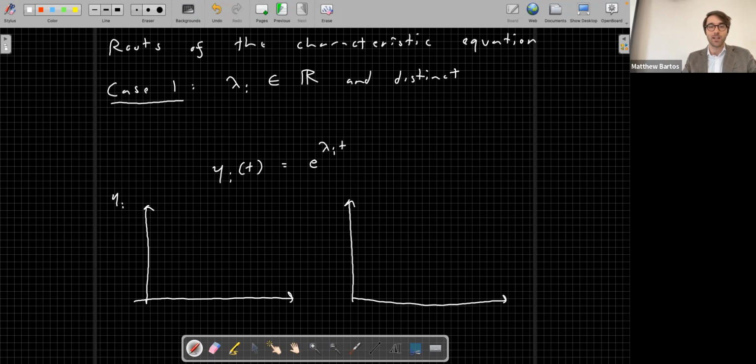We have y_i of t versus t. Okay, so if our lambda is greater than 0, you will get exponential growth.